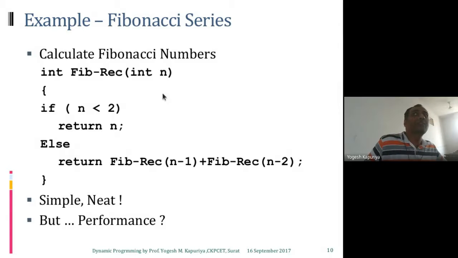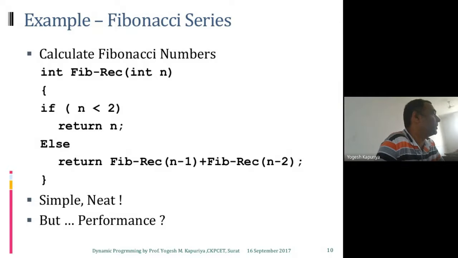Now, what is Fibonacci of n? What is the Fibonacci series? It's an addition of the previous two numbers, right? So if I want to compute Fibonacci of n, then basically it's an addition of Fibonacci of n minus 1 plus Fibonacci of n minus 2.